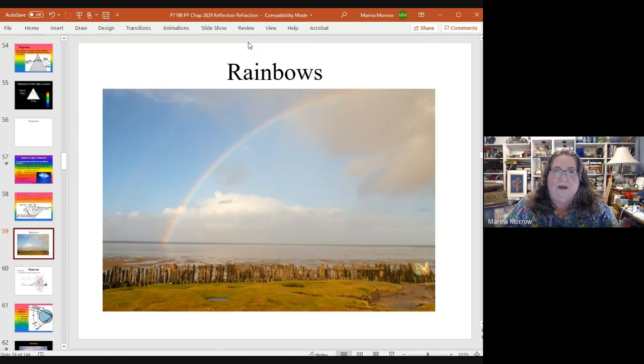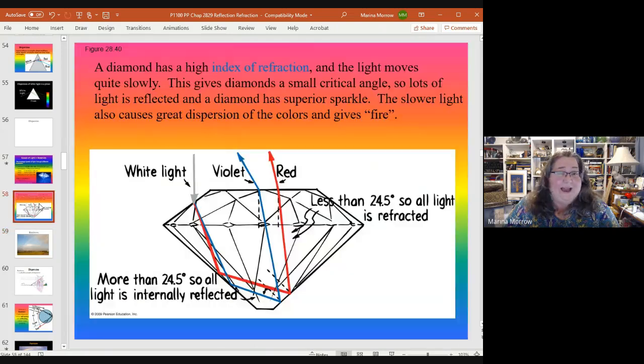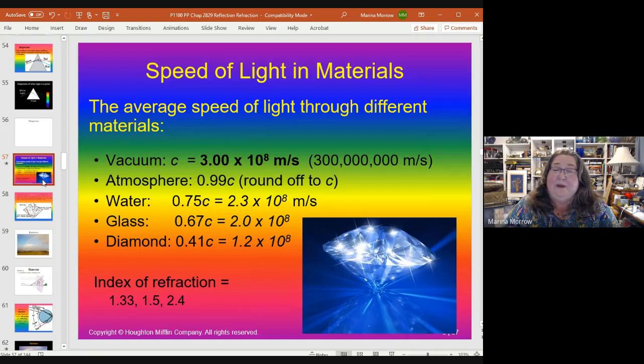Okay, oh, and will you ever want to buy something that's a high index of refraction? Well, yes, you do. When the optometrist says, "Do you want the high index of refraction glasses?" If you're like me, you're going to say yes, because the higher the index of refraction, the better it bends light. It slows the light down, makes it refract more.